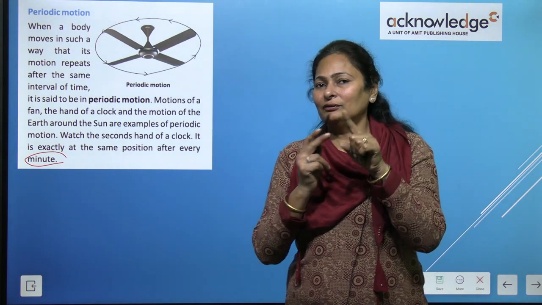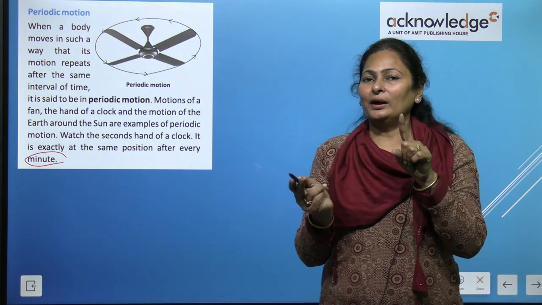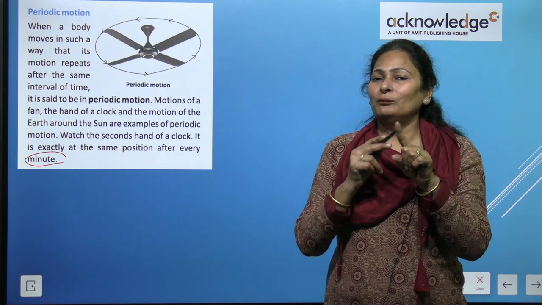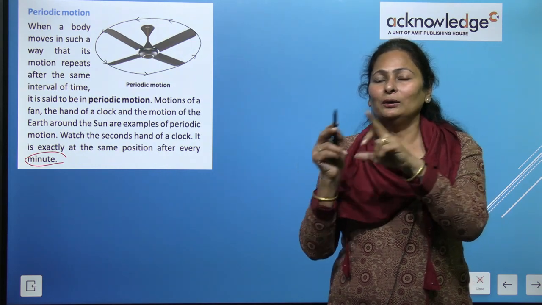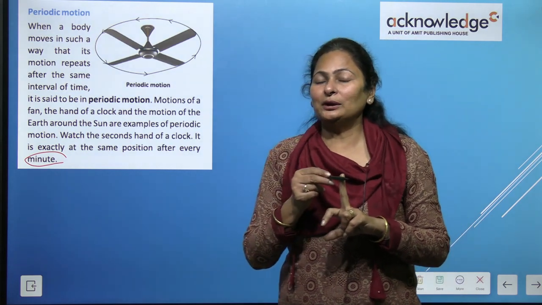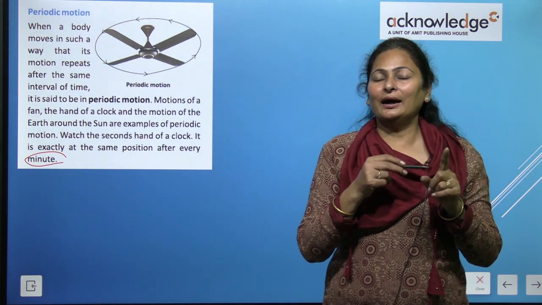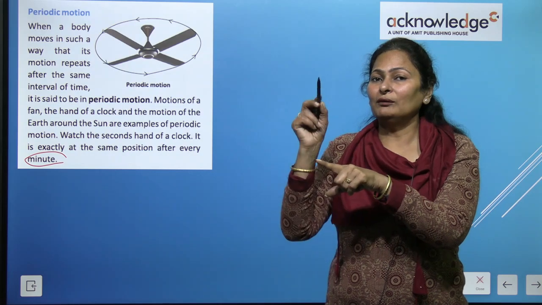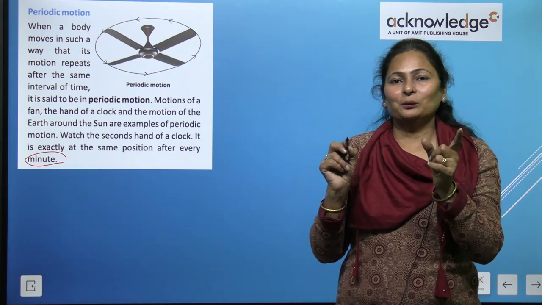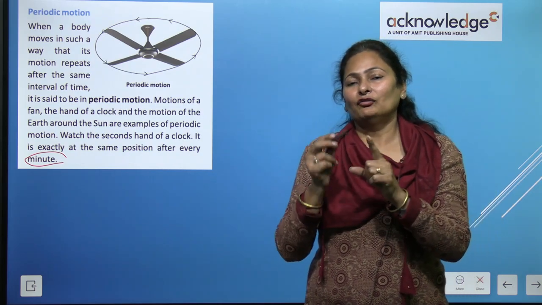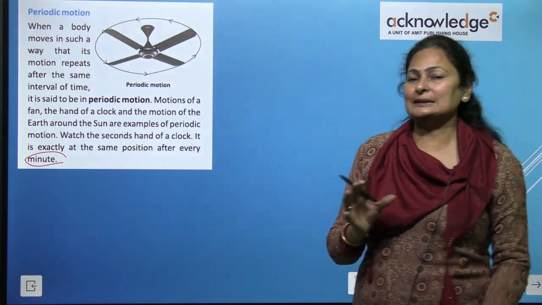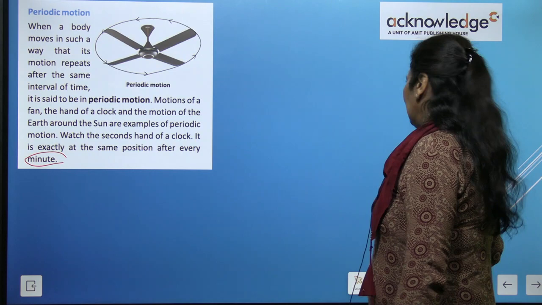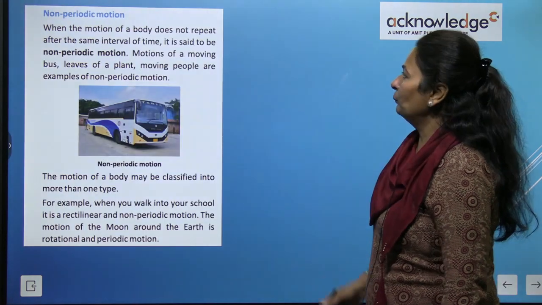The hour hand will take 1 hour to move from one place to another. Let's say it is 12 o'clock now. How much time will it take to complete 1 hour? When the hour hand moves to the next position it takes 1 hour only, right? And again from 1 to 2, this will take 1 hour. So the period is the same. This is called periodic motion.